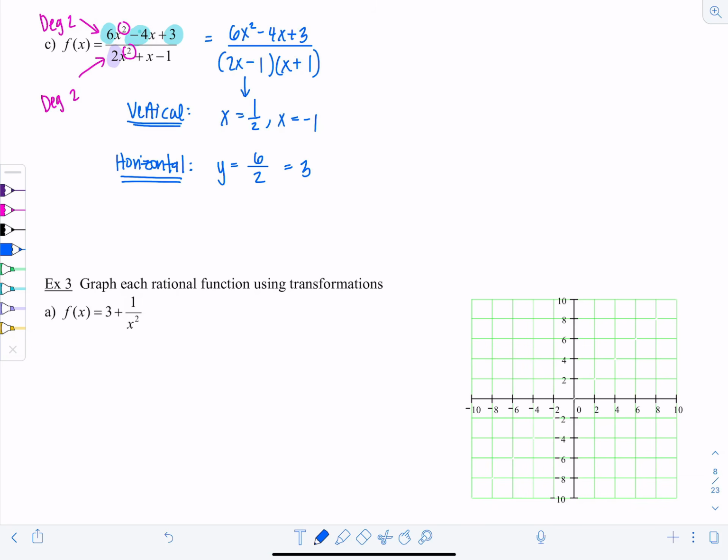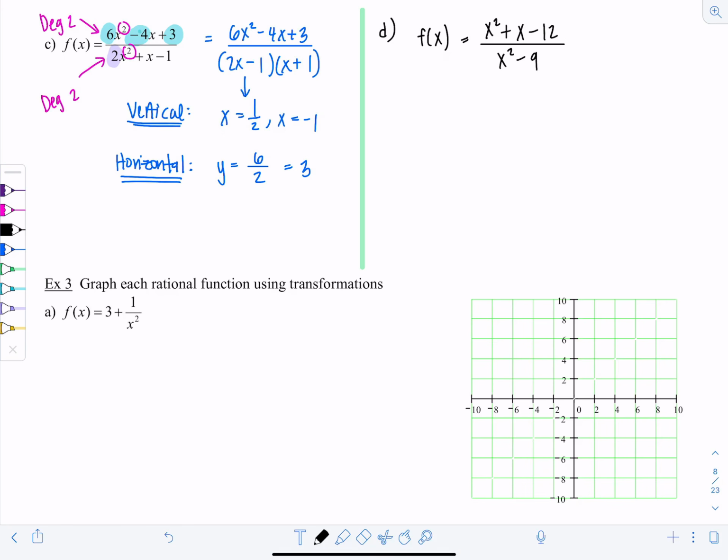Very nice. Now I did want to mention something because we talked about the function needing to be in lowest terms. Okay, so here we go. I'm making up a new one. So say f of x was equal to x squared plus x minus 12 over x squared minus 9. And I'm going to ask you to do the same thing.